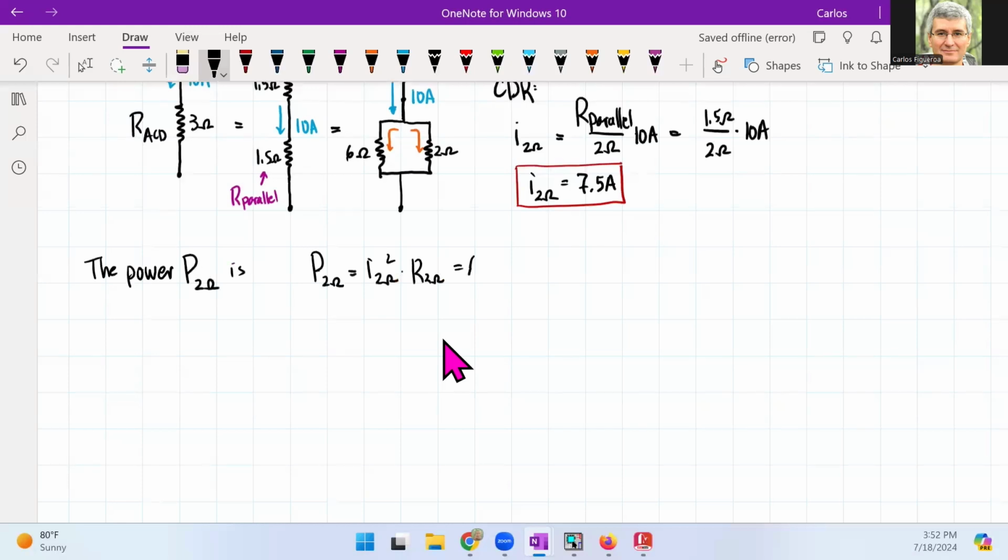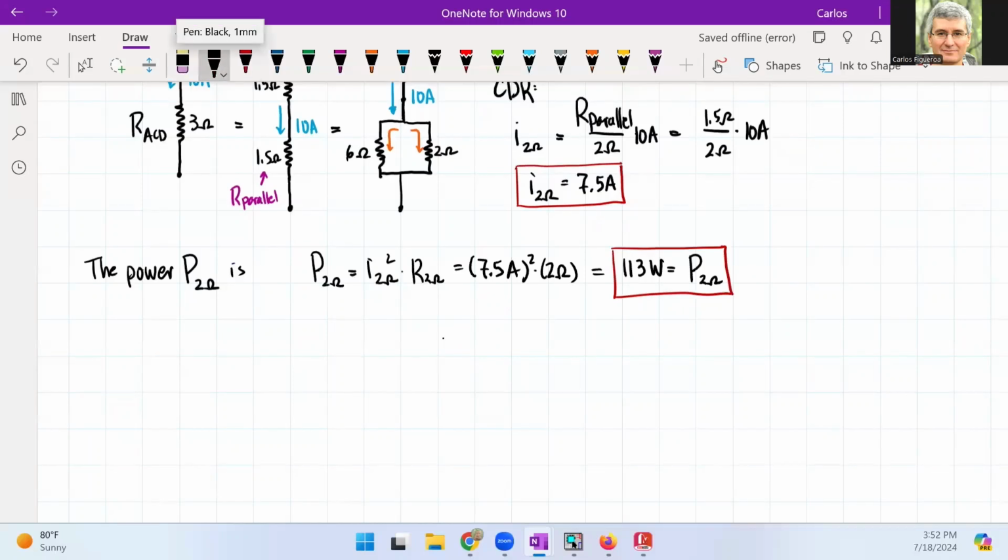So this will be 7.5 amps squared times 2 ohms, and that ends up being 113 watts to 3 sig figs. So now I know my power.